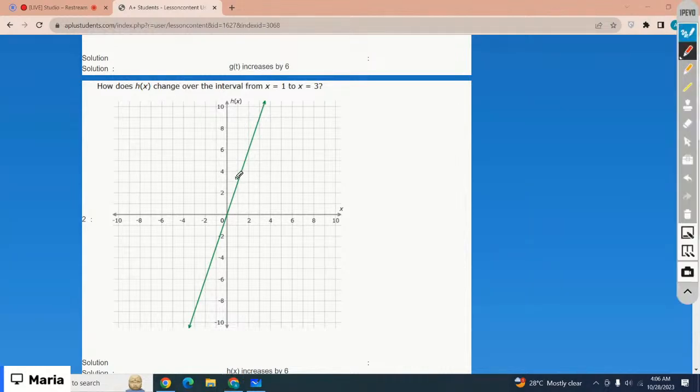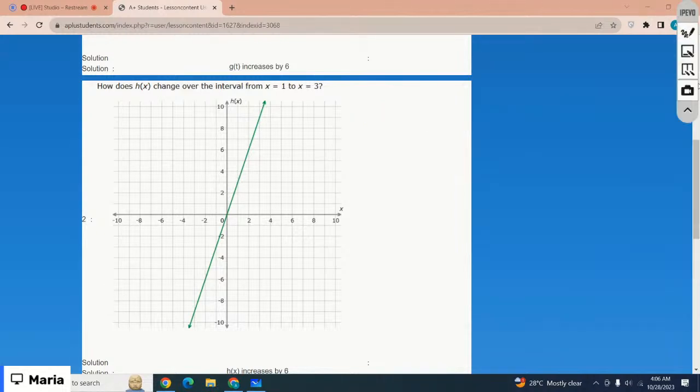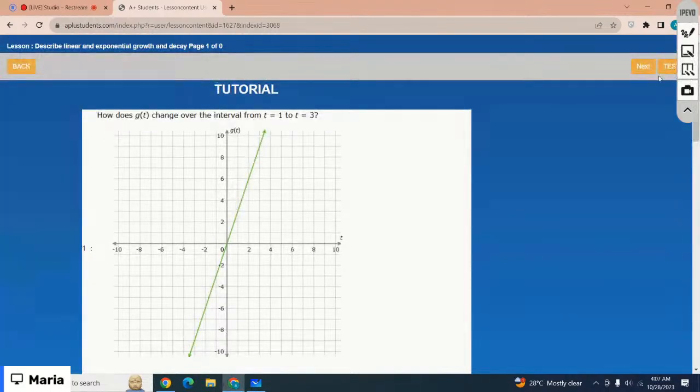Okay, here is x equals 1. When x equals 1, h of 1 equals 3. When x equals 3, h of 3 equals 9. Again, the function increases by 6. So h of x increased by 6.